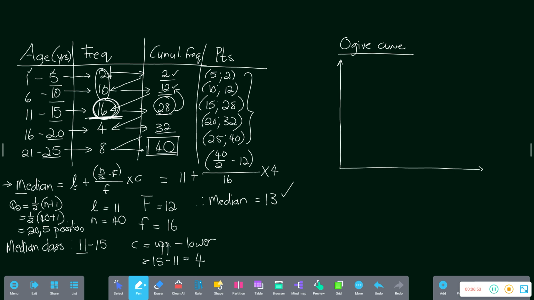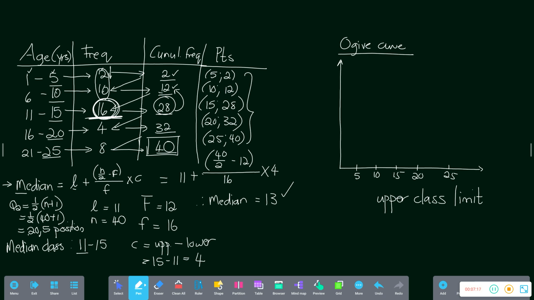So the horizontal axis represents the upper class interval or limit. Here we can see the x values, basically we are counting in fives: 5, 10, 15, 20, 25.